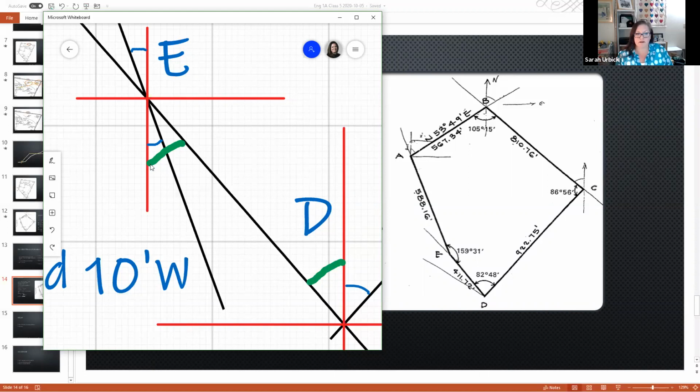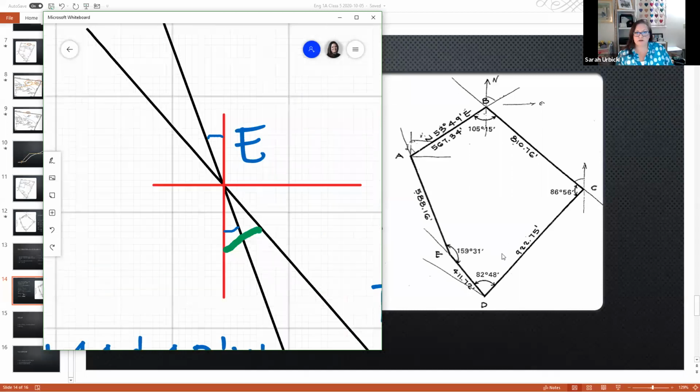How are we going to come up with that number? What else do we know about this point? Got an interior angle. So my angle, let's do this one in red.